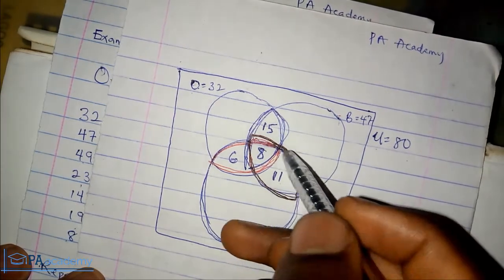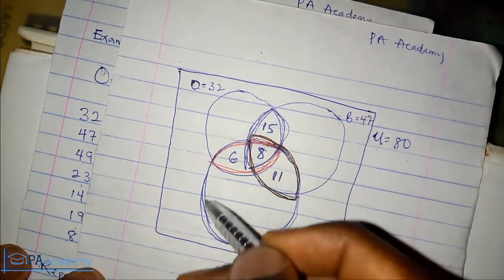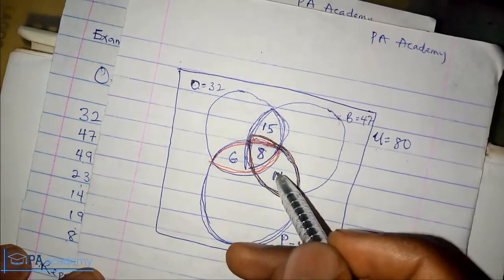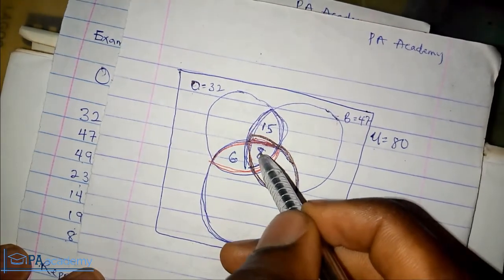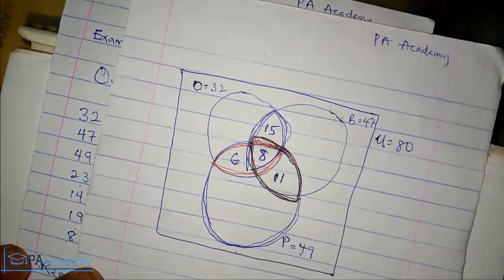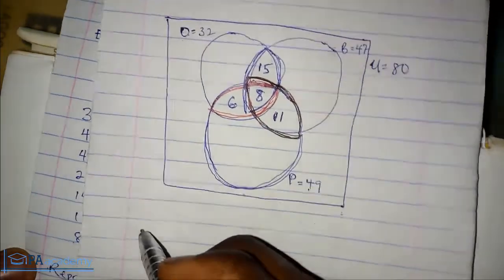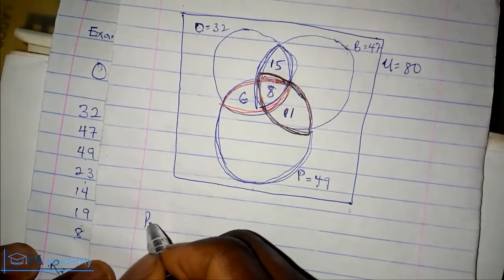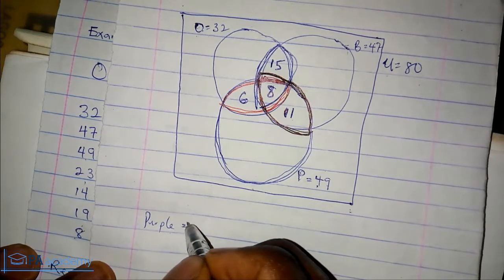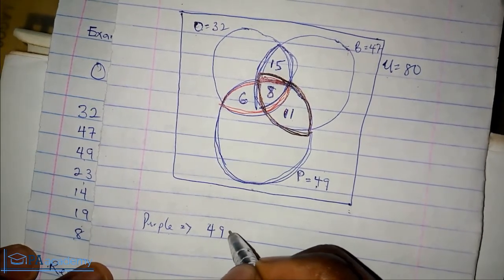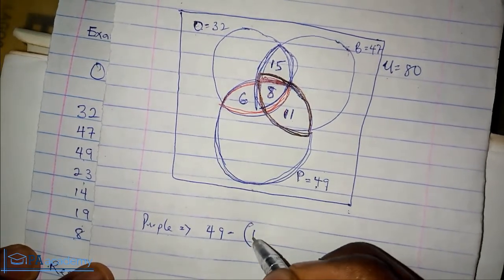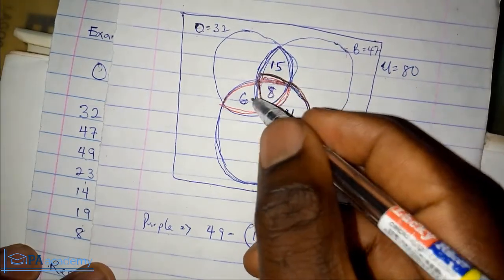So everything here is supposed to be 49. But out of those 49, we already have 11 here, we already have 8, and we already have 6. So for purple, that will be 49 minus 11, 8, and 6.